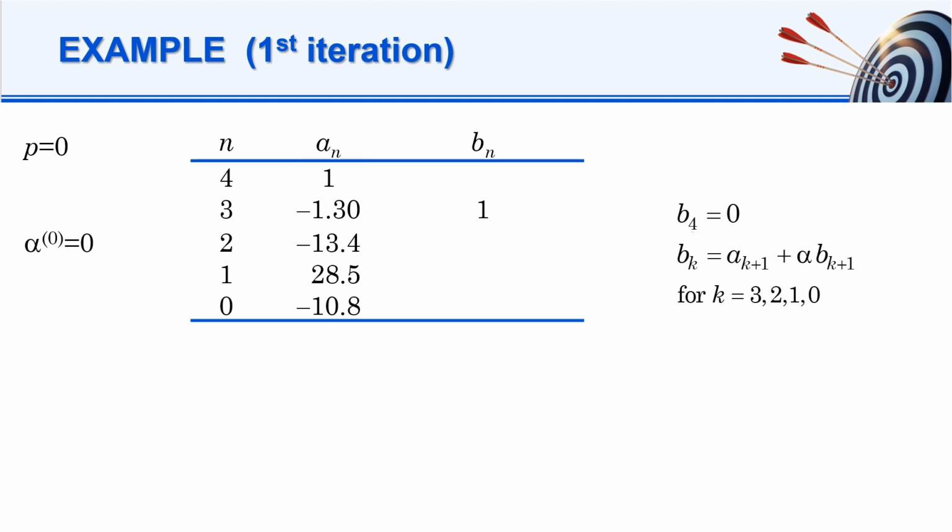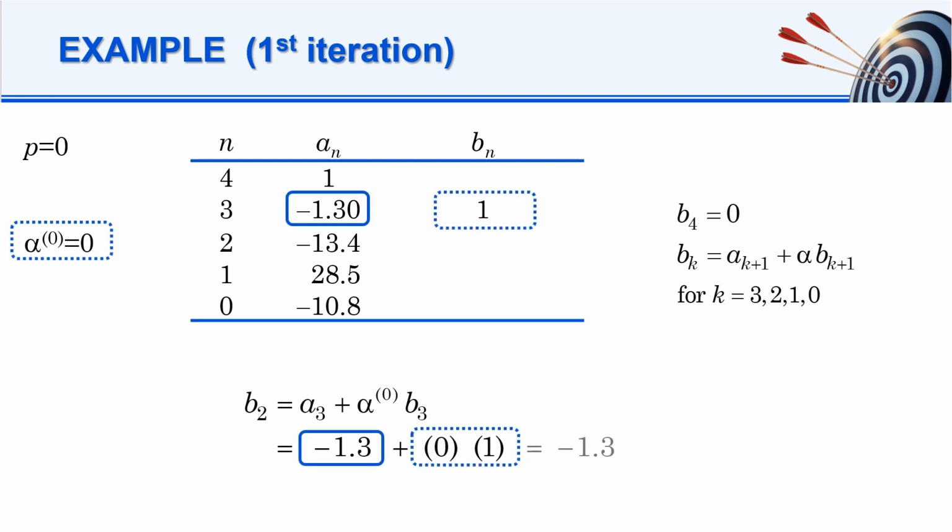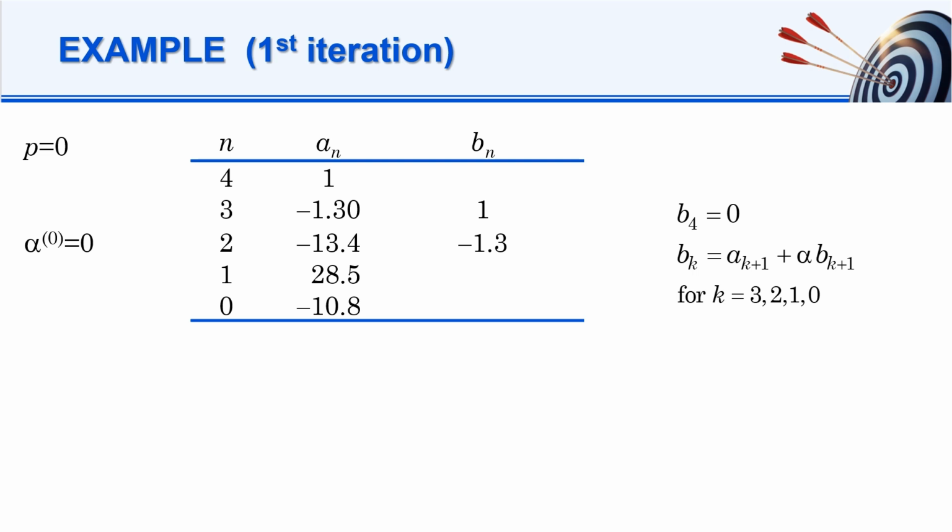Next, for k equals 2, this recurrence relationship takes the following form. Substituting the numerical values for a3, b3, and alpha 0, we find b2 as minus 1.3. For k equals 1, we obtain the following expression.